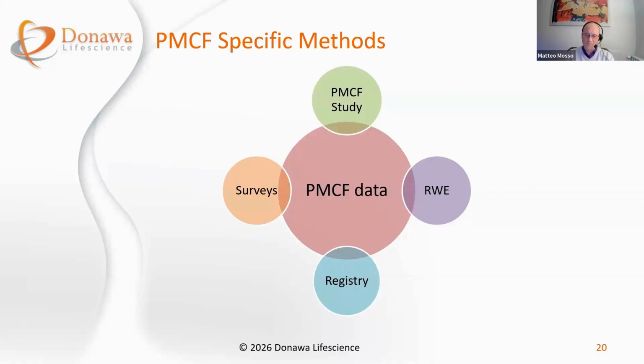So we have seen real-world evidence, and we will see in the presentation that the definition of real-world evidence is so broad that it includes also somehow registries, surveys, and studies. So to some extent there is no real distinction in certain circumstances. And there are, as said, registries and surveys, and we will see pros and cons of all these methods, and when it's most appropriate to use one rather than the other.